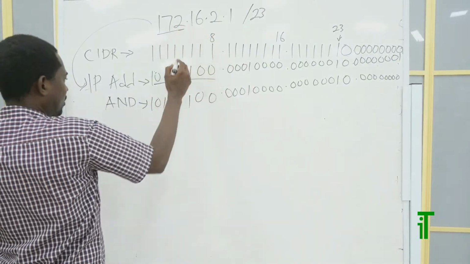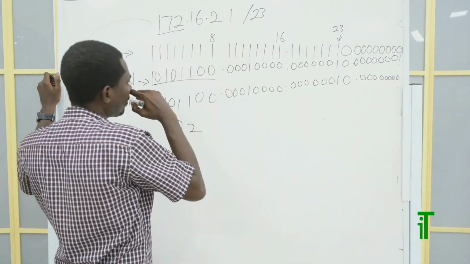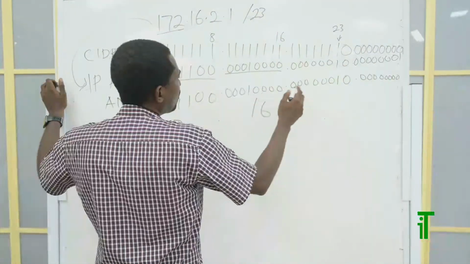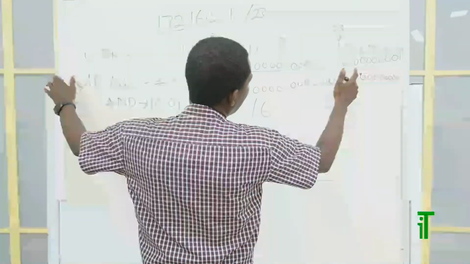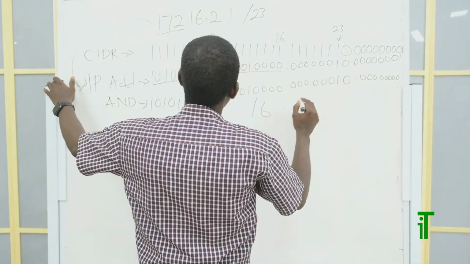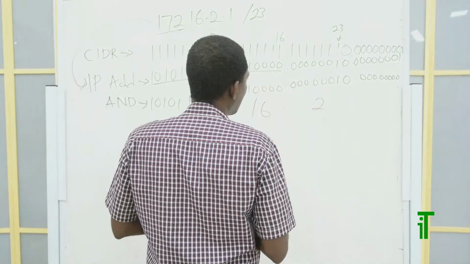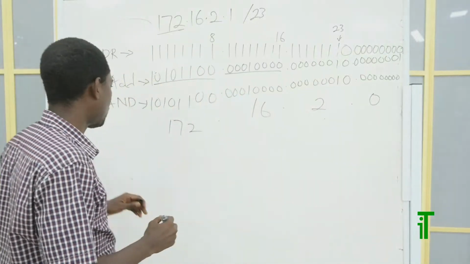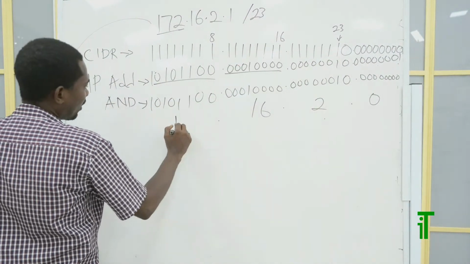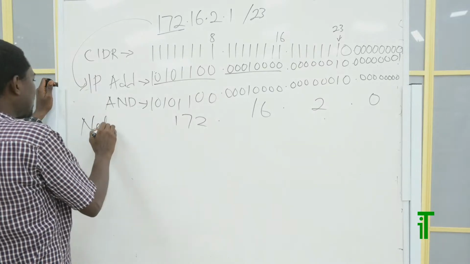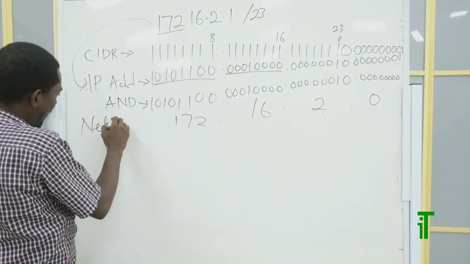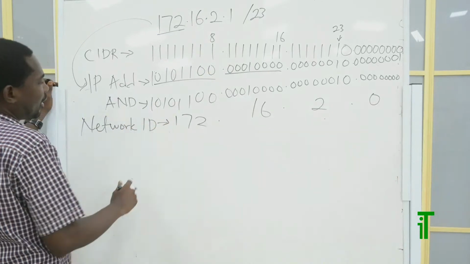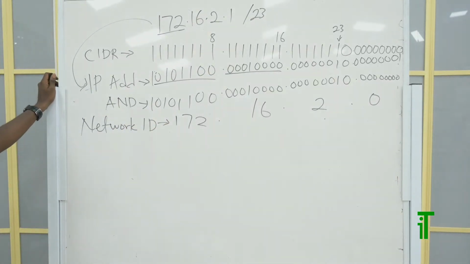It's still 172, this one is still 16, this one is still 2, there has not been any change, and here we have 0. So it means that the network ID is 172.16.2.0.